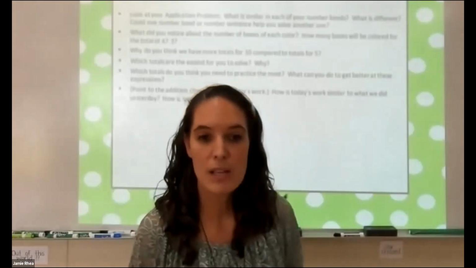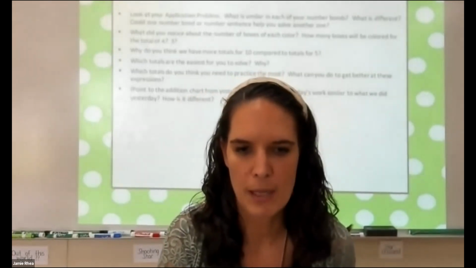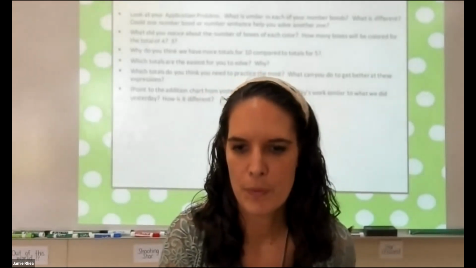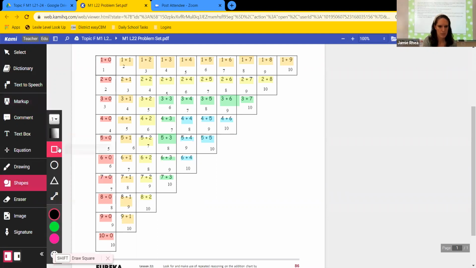Oh, well. So if I have a chart up that is missing an add-in, let me just pull my chart back up. Let's go here. So if I was missing, let's say this 5 was missing out of my chart, let me see if I can make a shape over top of it. Let's make a square.